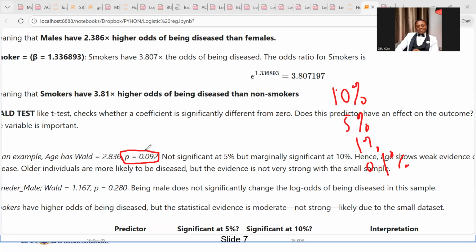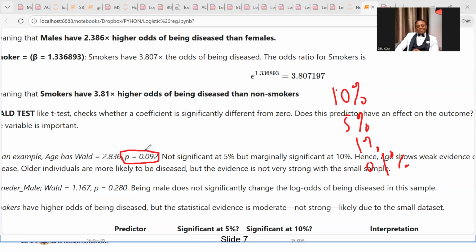Okay. So the first thing is that this coefficient for age is not significant at 5%, but it's marginally significant at 10%. Why did I use the word marginally? Why did I say marginally significant at 10%? Who has a clue? Marginally. Because it's almost 10%. Exactly.